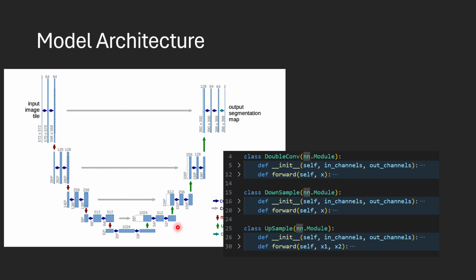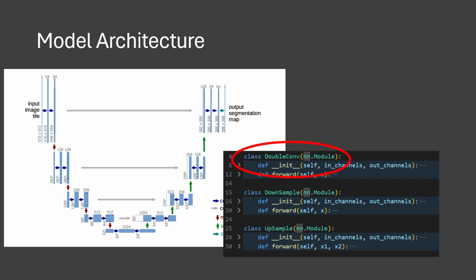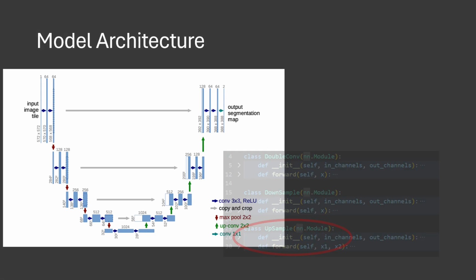So whenever I do an upsampling, I am combining both of them. So I'll need x1 and x2. So these are the three most important different functions that we are going to use for the architecture.